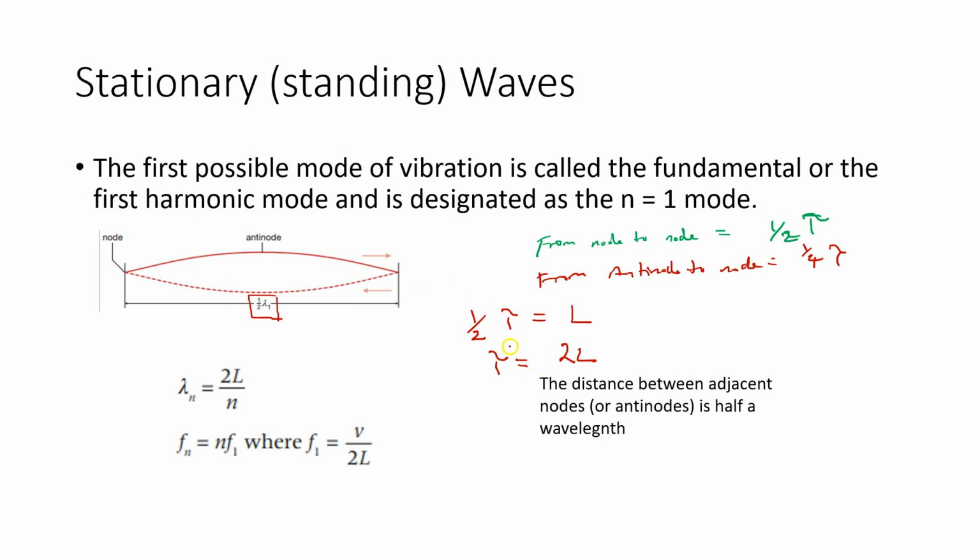So that's how we basically find the wavelength using the knowledge that we have here. There are other ways we can do it, which I'm going to talk about very soon.